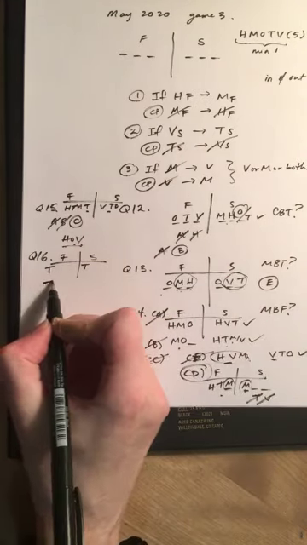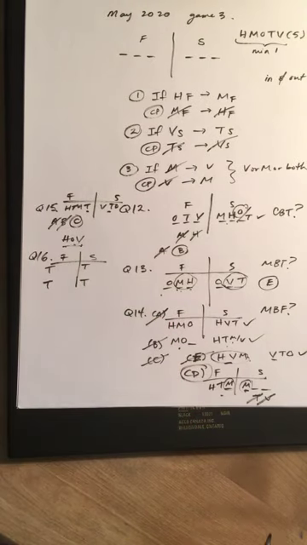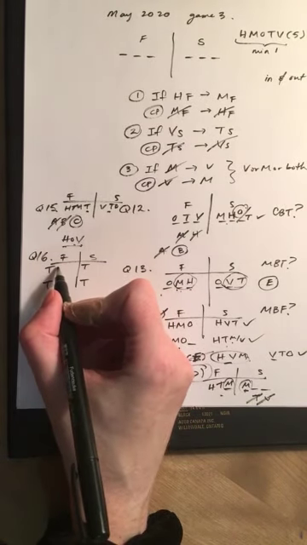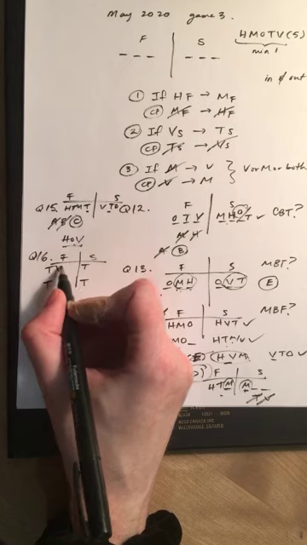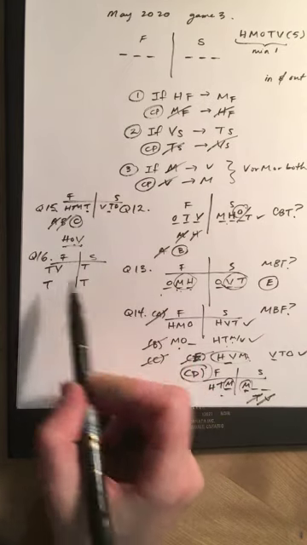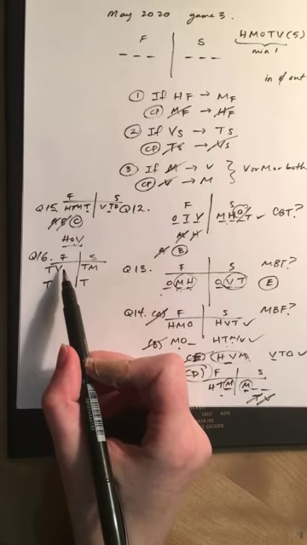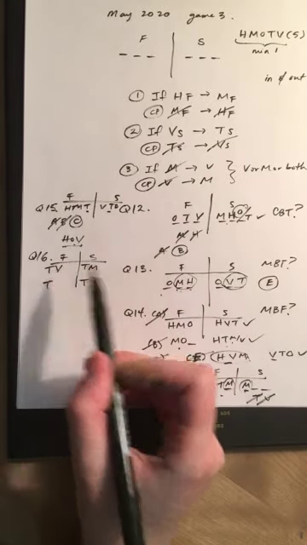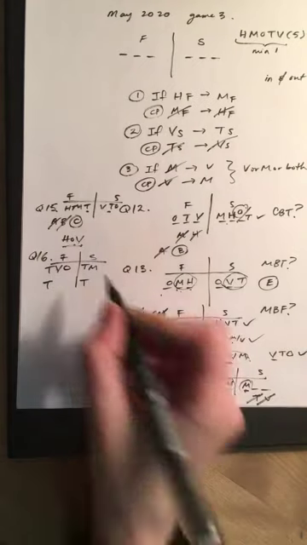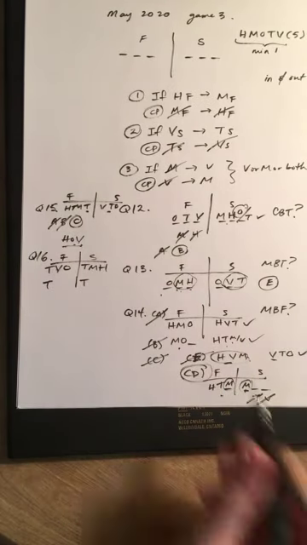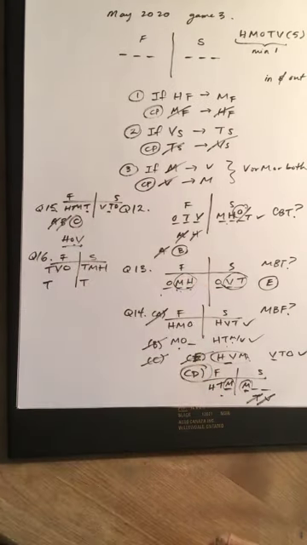Let's just create a couple of alternate scenarios here. So if we put V in the fall in this one and M in the spring, VT, we can't put H here, so that would have to be an O, and H would be here. And then we have our other example.